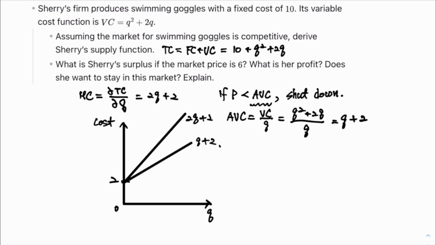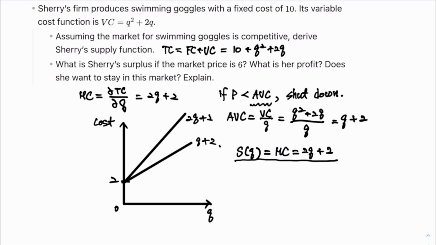But if the price is greater than 2, she will stay in the business. So in this case, this MC curve is directly the supply curve. So supply as a function of Q is directly MC, 2q plus 2. So that's the answer to the first question.